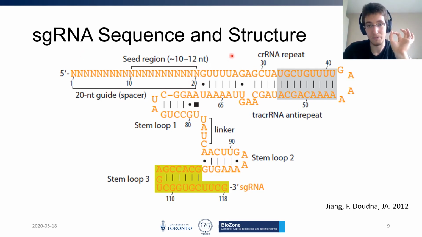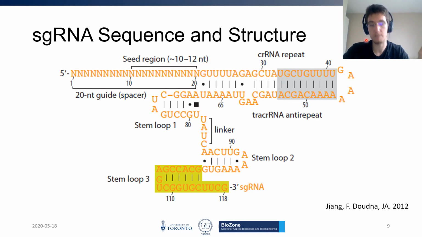And a very important point on picking a sequence is you got to make sure that at the end of this, the last N in the DNA sequence, it says NGG. Notice in the RNA it says GUU, so it's not related. But in the DNA sequence that you got to target, it's got to be a perfect match on these 20 nucleotides here, and then it needs to be followed by NGG.